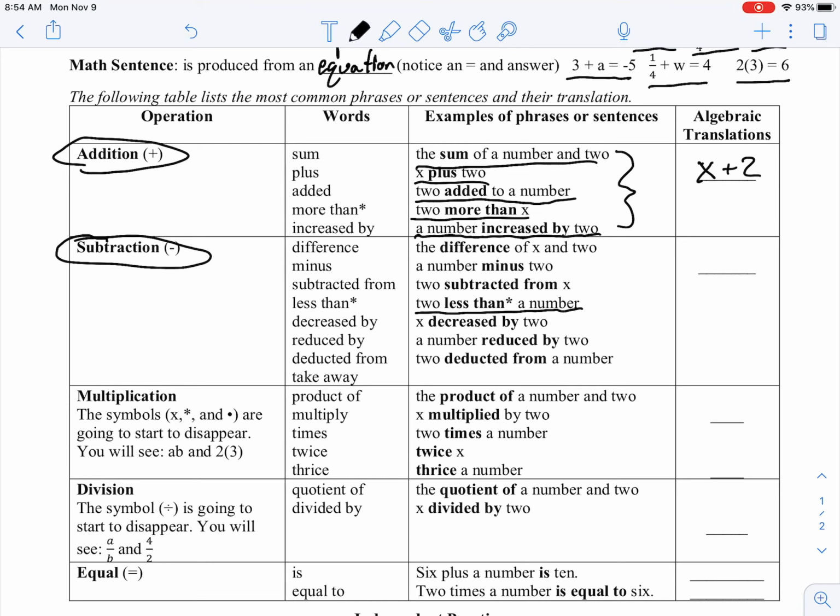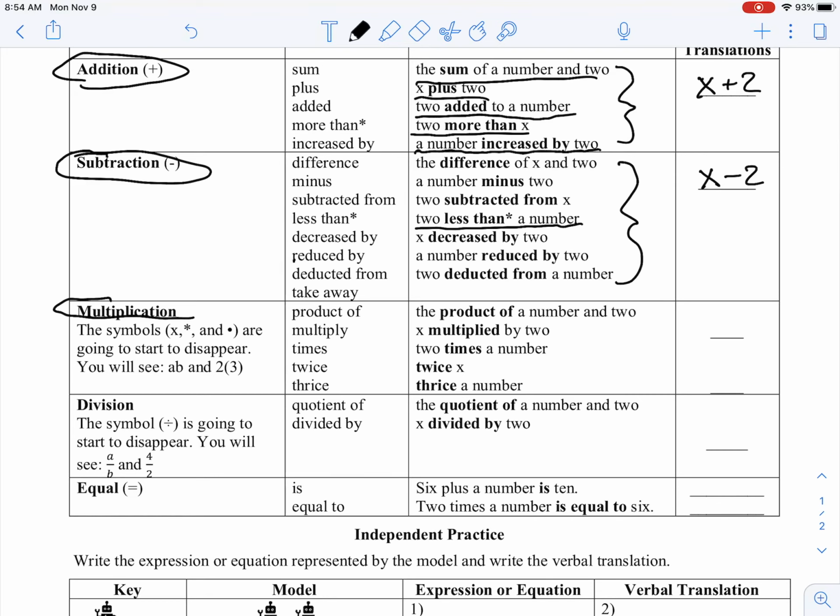The reason those have asterisks is because we also have symbols for greater than and less than, but we will be able to dictate that by the way the sentence is phrased. Moving back, we have decreased by, or x decreased by 2. Reduced by, same kind of thing. Deducted from, or taken away. So all of these are different ways to say the same thing. We are taking a number x and subtracting 2 from it.